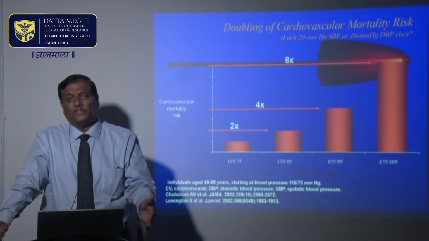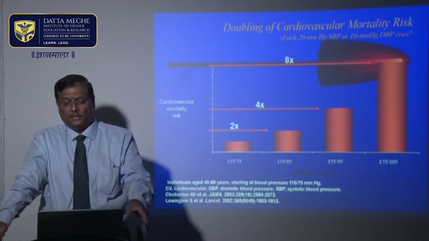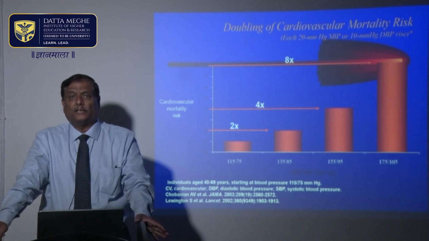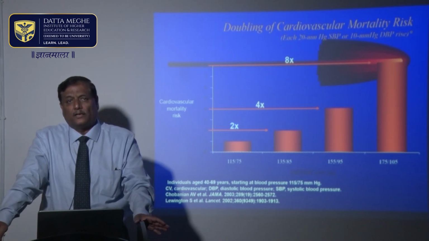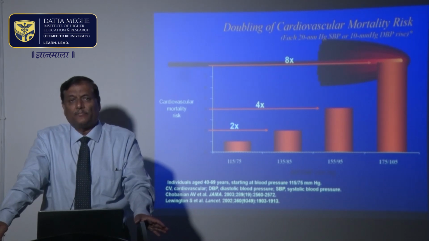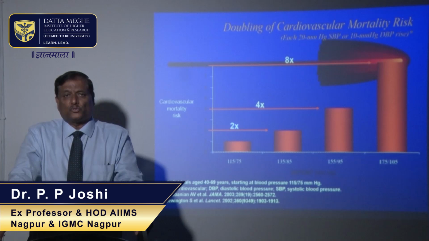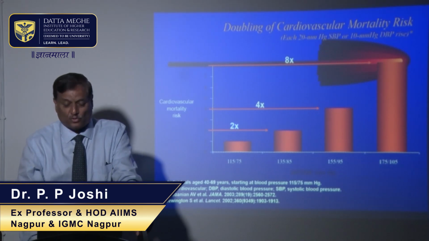Which means that if a patient's blood pressure is 120 by 80 and his blood pressure becomes 140 by 90, that is 20 millimeters increase in systolic and diastolic from 80 to 90, the person has double the risk of developing a heart attack or a paralytic stroke as compared to a person whose blood pressure is 120 by 80. So on it goes on.